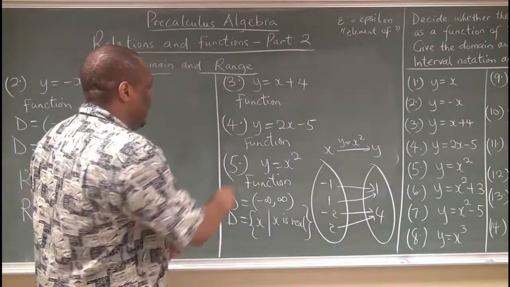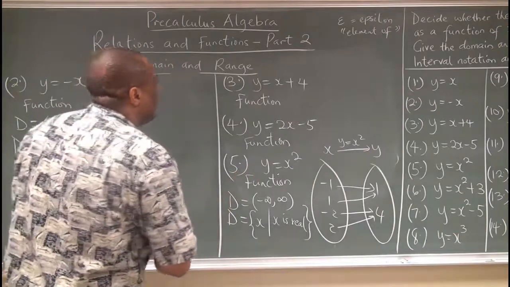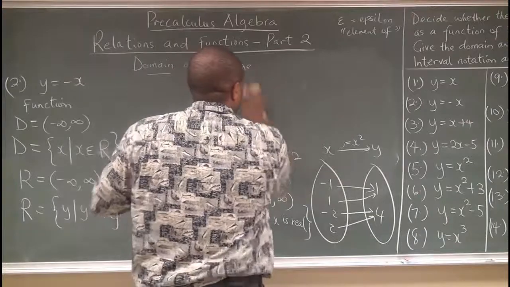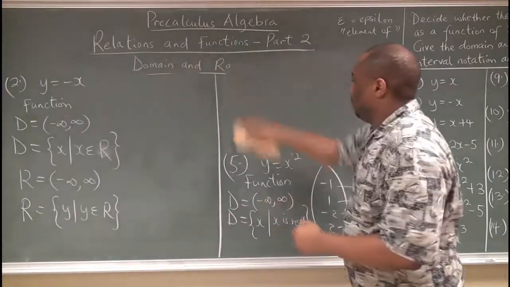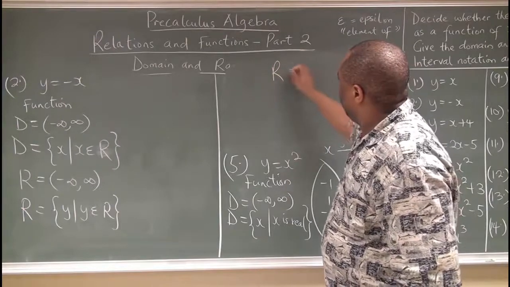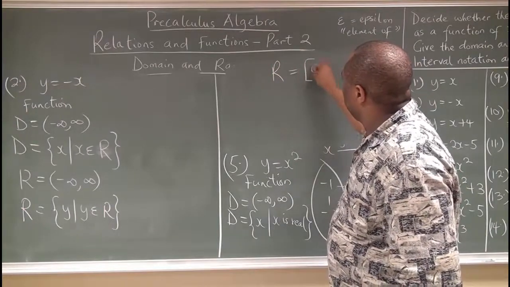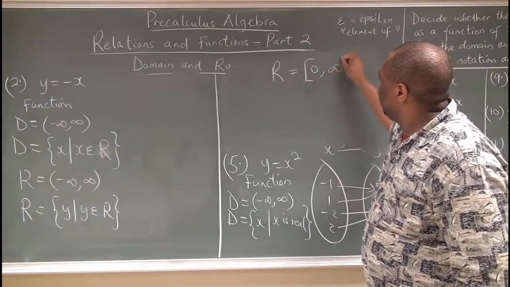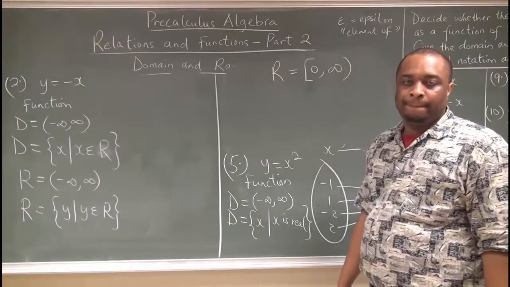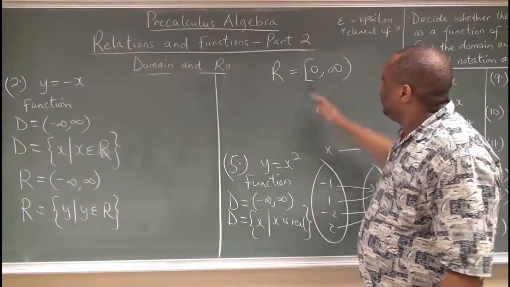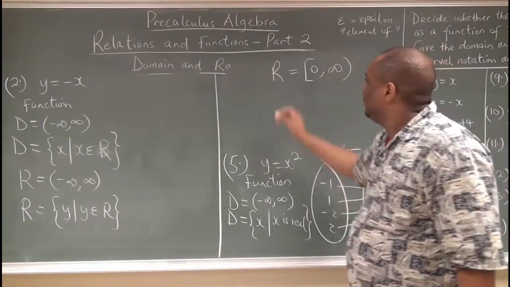Okay? So the range here, for question 5, we now see that the range will be from 0 is included, up to positive infinity. From 0 to positive infinity. This is the interval notation.